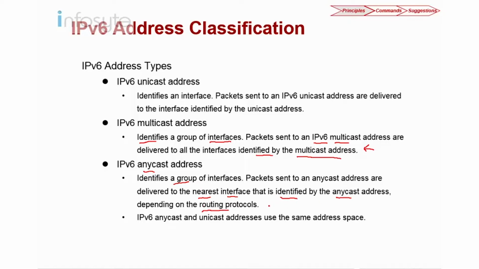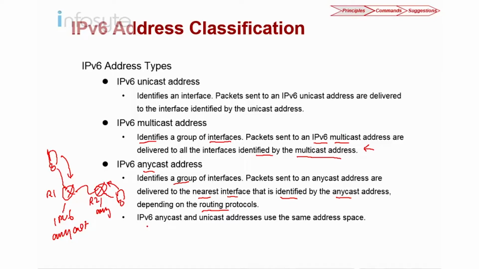In another word, I can have two routers using an IPv6 anycast address. If the host is nearer to this router, let's say R1, it will connect to R1. If I have another host that is nearer to R2, it will connect to R2, for example.